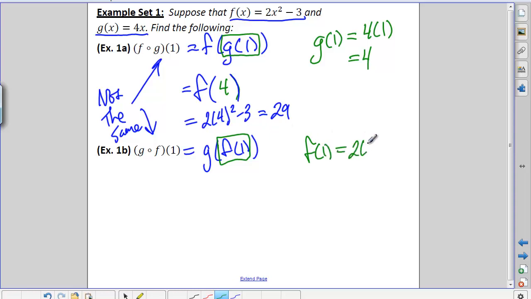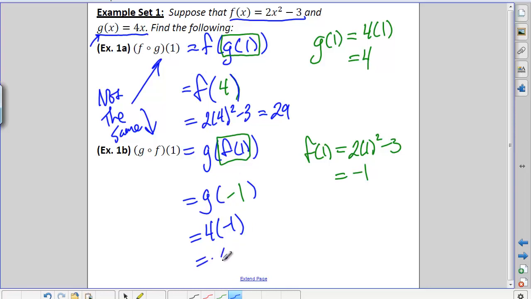That's 2 times 1 squared minus 3. And 2 minus 3 is negative 1. Okay. Now g of negative 1, that's 4 times negative 1. That came from this g of x function, which is negative 4. So g of f of 1 is negative 4.